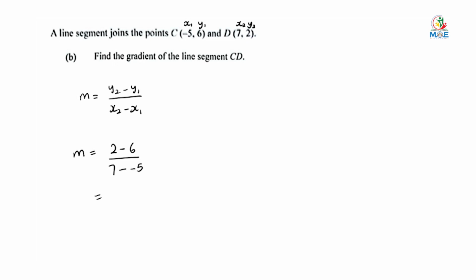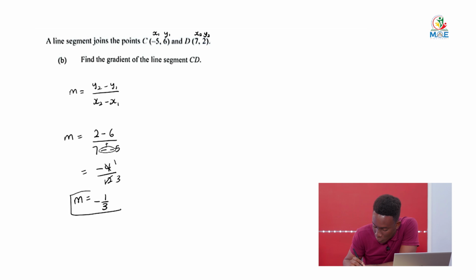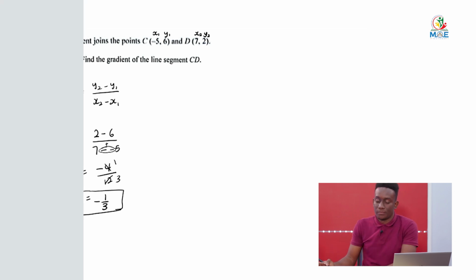So the gradient would be 2 minus 6, which is -4, all divided by 7 minus -5. We cancel the signs and turn into a plus, so 7 plus 5 would be 12. It would be equal to -4 over 12, and 4 into 12 is 3. So the gradient is equal to -1 over 3.